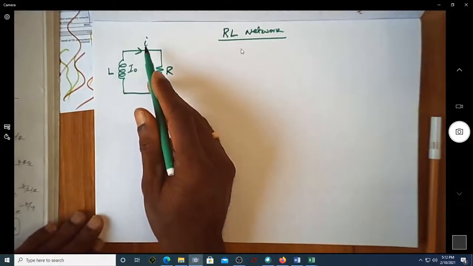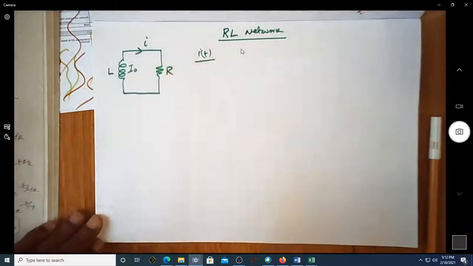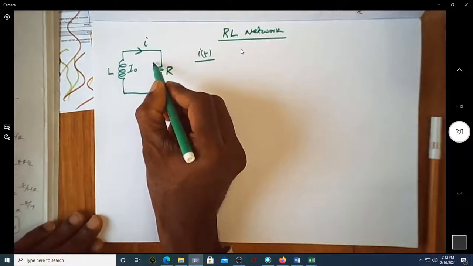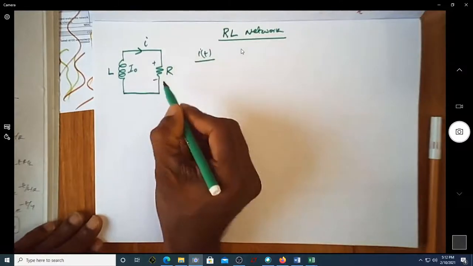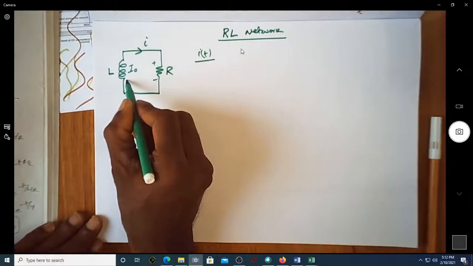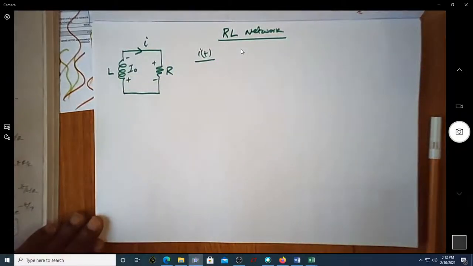In order to obtain an expression for I of t for this particular RL network, let us find out the voltage drop across this resistor because of the current flowing through the circuit. So this is now the drop across the inductor.